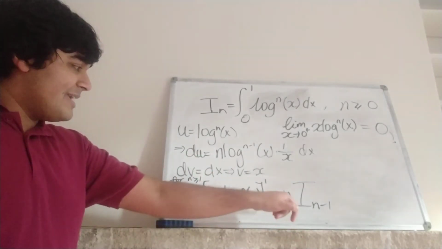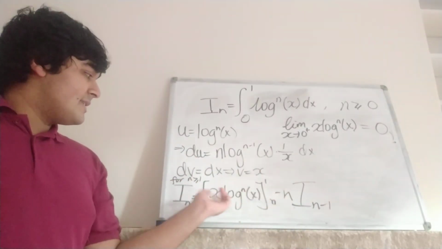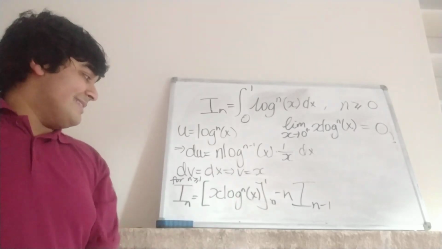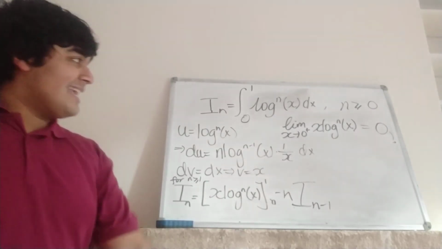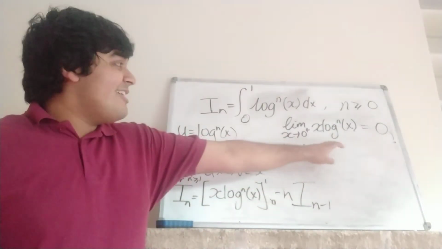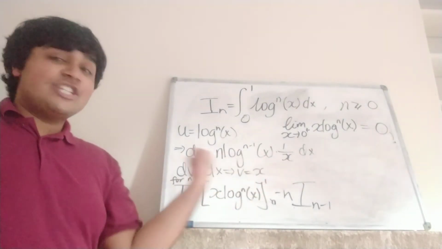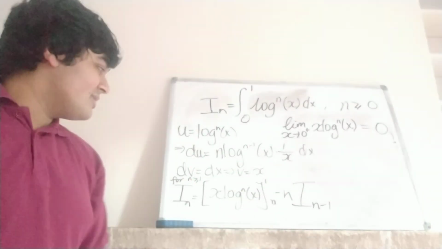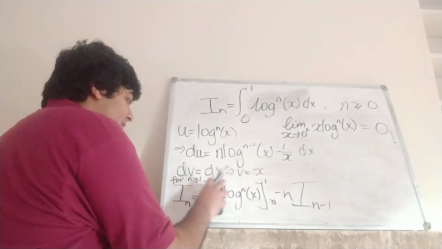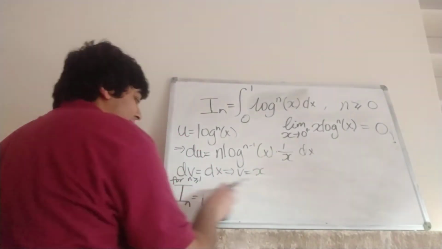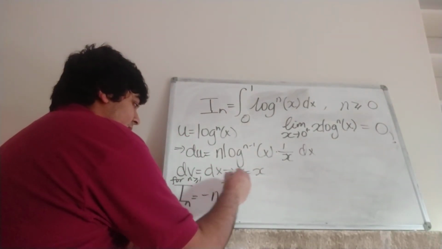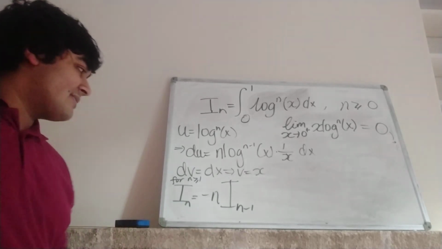And now when I take the limit as x goes to 0 from the positive side, this is just the limit as x goes to 0 of x times (log x)^n, and surprise, surprise, we worked that out earlier, that's 0. So this thing here is just 0 minus 0, which is 0, of course. So in fact, we get that I_n is equal to minus n times I_(n-1), and that's for n at least 1.